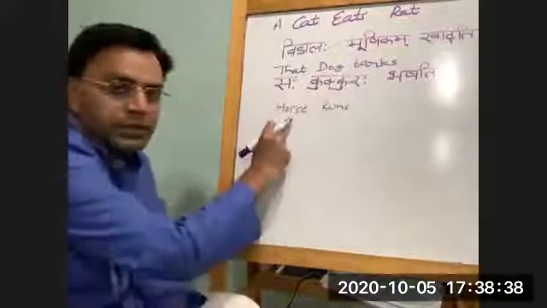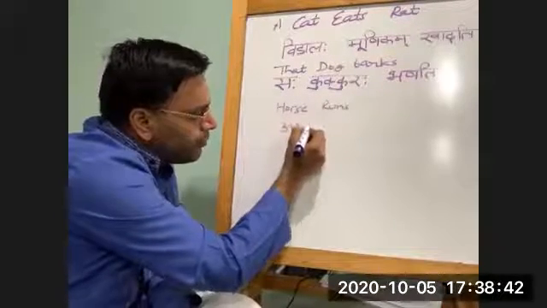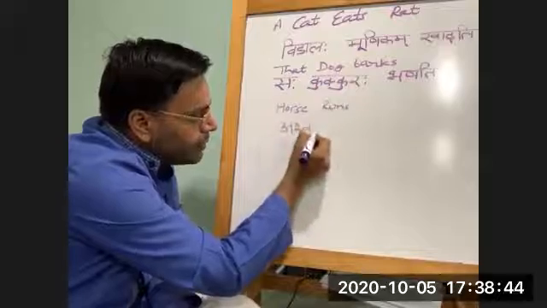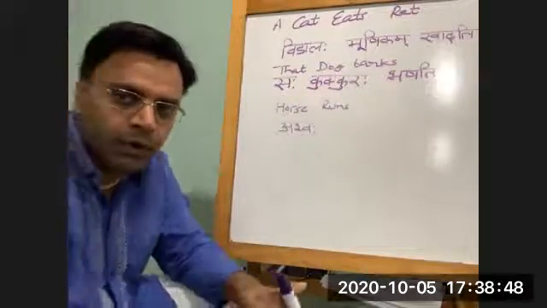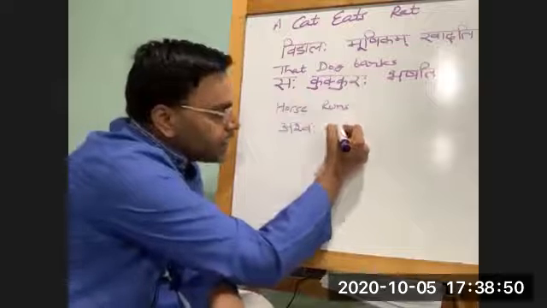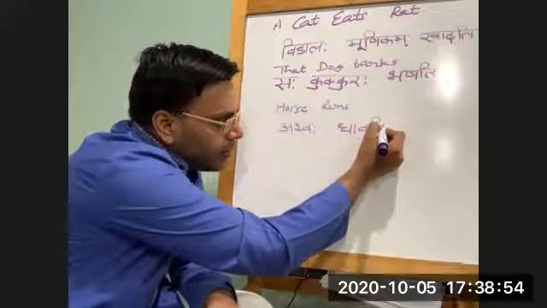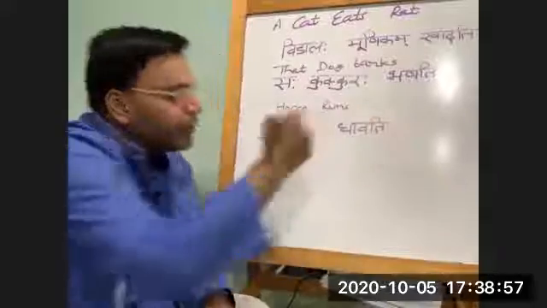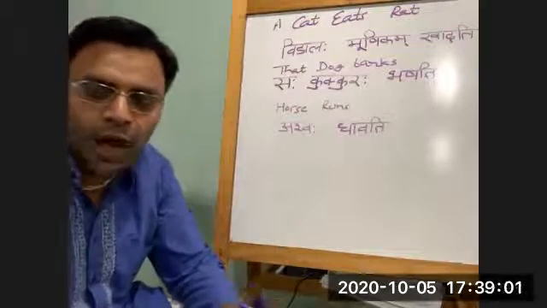Horse in Sanskrit is ashva. And the verb in Sanskrit for run is dhav. So ashva dhavati. Okay, horse runs. Ashva dhavati.